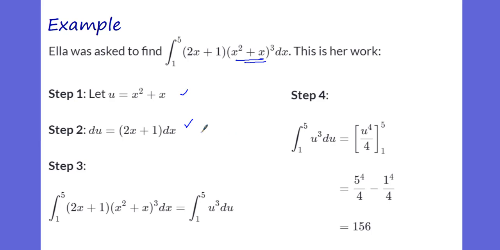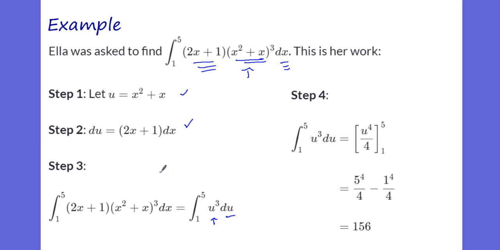Great step 1, great step 2. Now we're going to plug in our values into our u substitution. So you can see the 2x plus 1 dx is going to be du. She did that. She let u be this function right there, u to the third power. She did that. And she's going from 1 to 5.